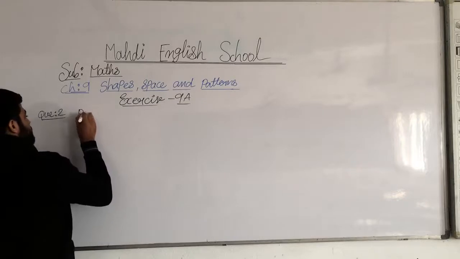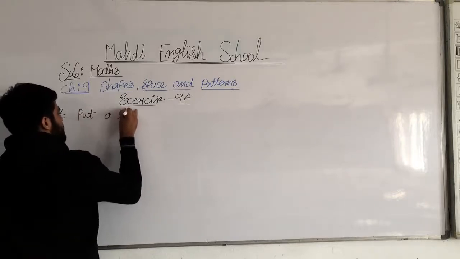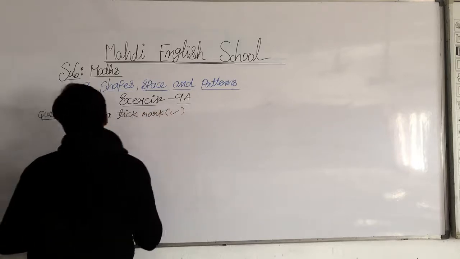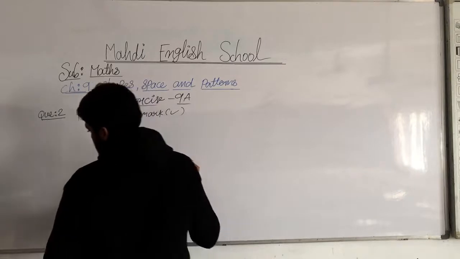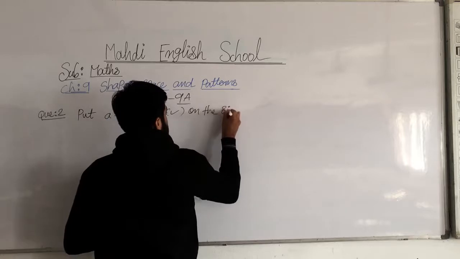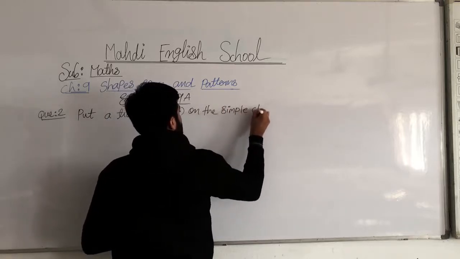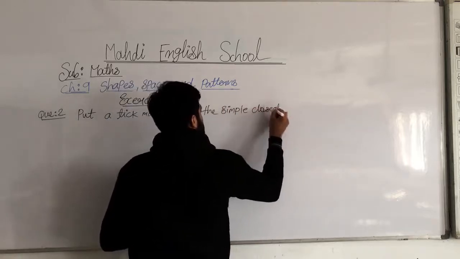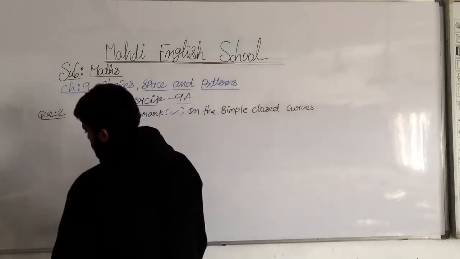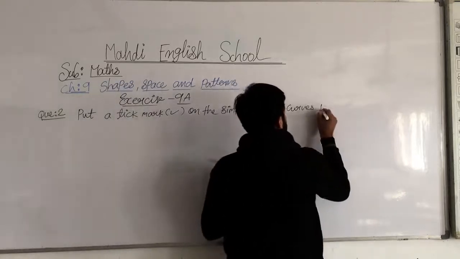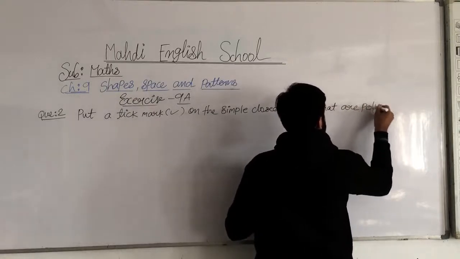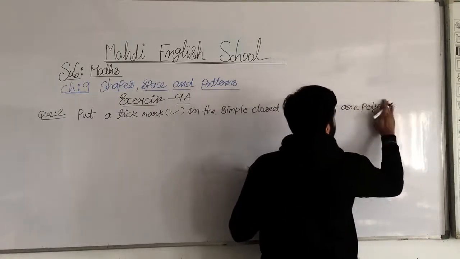Put a tick mark, a right tick mark, on the simple closed curve that are polygons. Understood, my dear students?